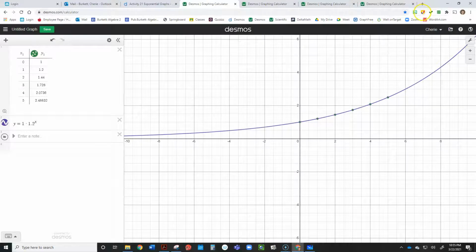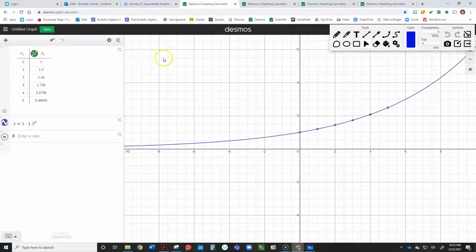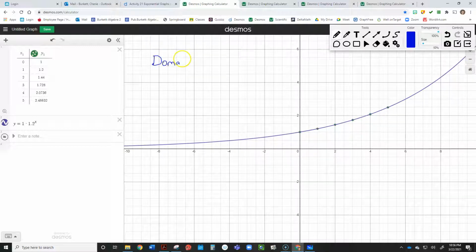So how do I write that? Well, you've got a couple of choices here. If you want to use words, you say the domain would be all real numbers. That would be one way that you could write it. If you wanted to use notation to say that, you would say your x values are elements of the real number set.